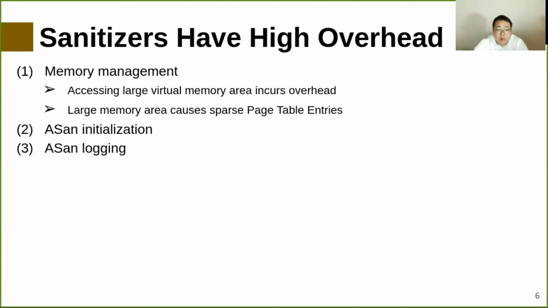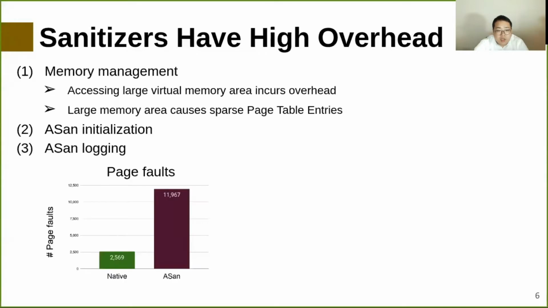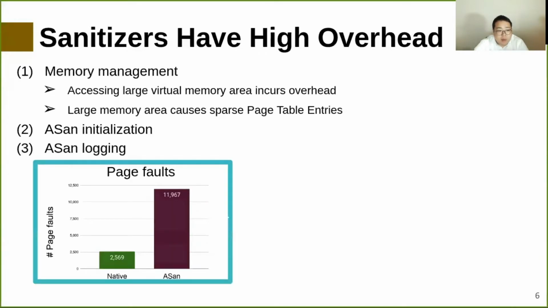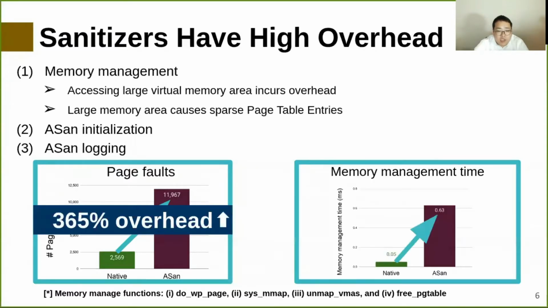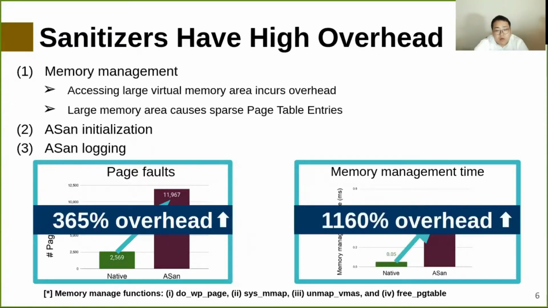Additionally, when the process exits, the kernel needs to clear all page table entries and release the memory for the page table. Also, address sanitizer's large memory area causes sparse page table entries. Therefore, according to our evaluation, after applying the address sanitizer, the page faults were increased by 365%, and the memory management time was also increased by more than 1,000%.